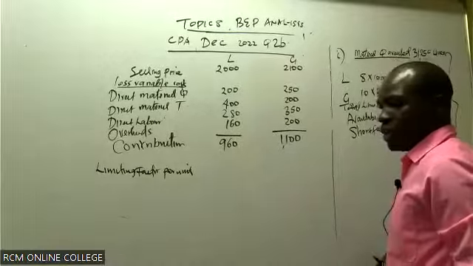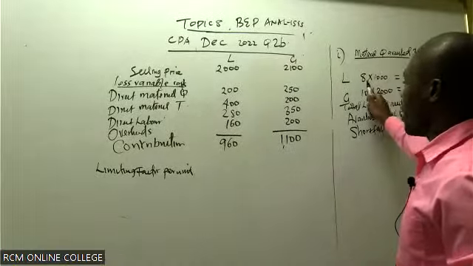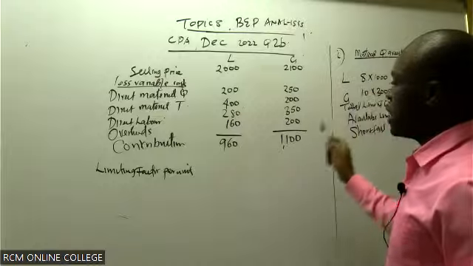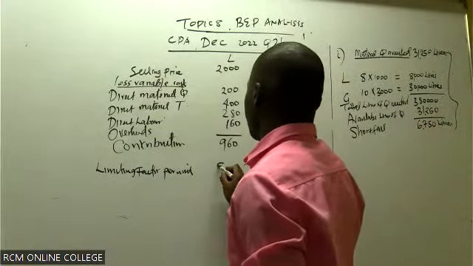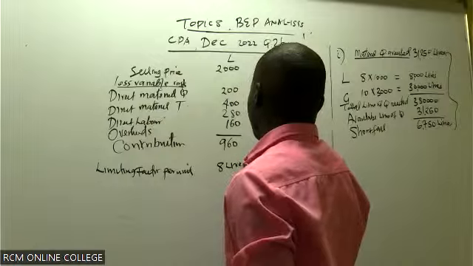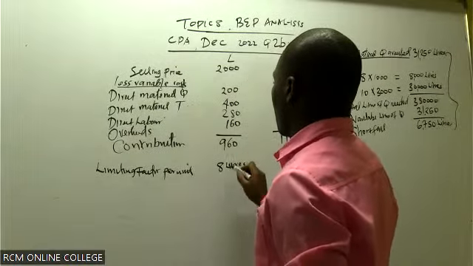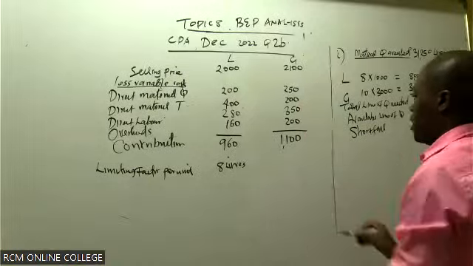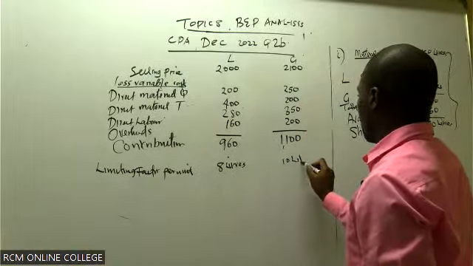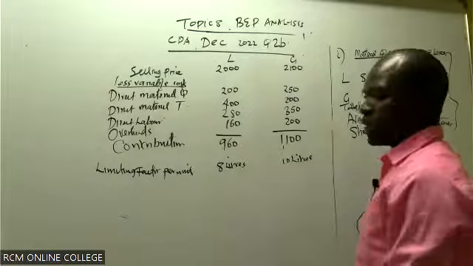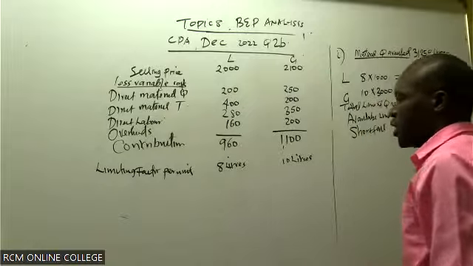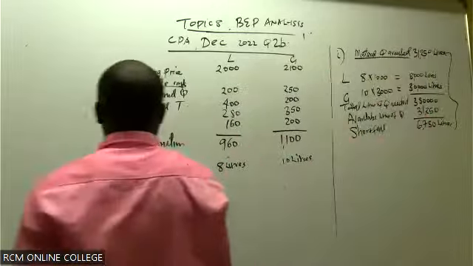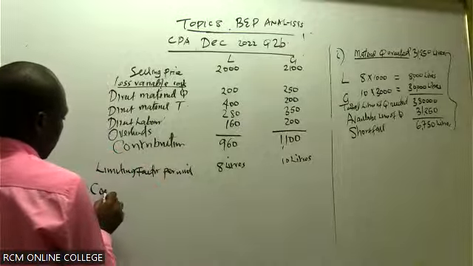We used it above. 8 liters. So you come and indicate 8 liters. How many liters do they need to produce 1 unit of G? 10 liters. Good. Having done that, can you now give us contribution per limiting factor?